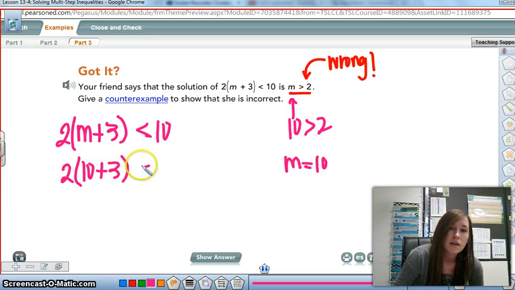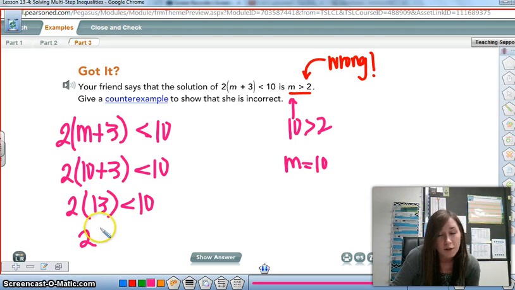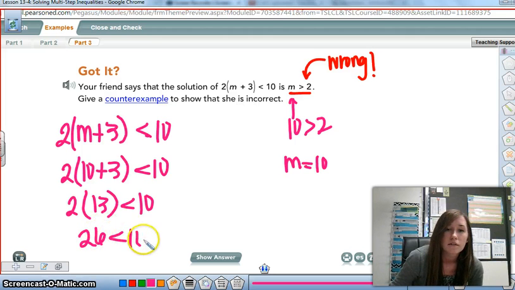Is it true that if m is 10, then the statement works? Or I'm sorry, is it true that if m, our value 10, is greater than 2, does this work? Is this true?